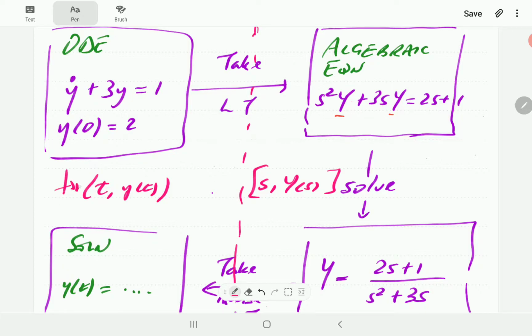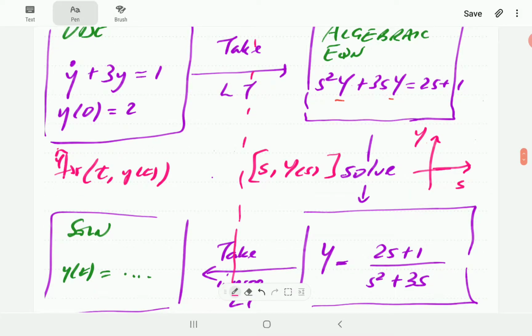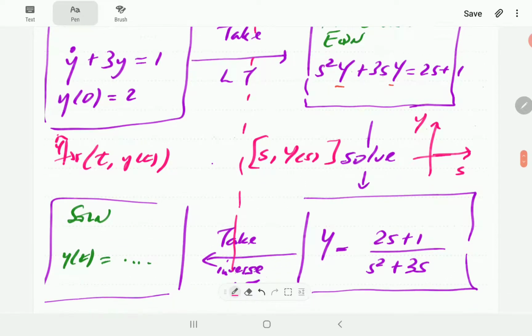Here this is t and that is y in terms of our coordinates. This is s and that is big Y. That is what happens when we use the Laplace transform. We start off with an ODE, we take the Laplace transform, we end up with an algebraic equation, we solve it, then we take the inverse Laplace transform.